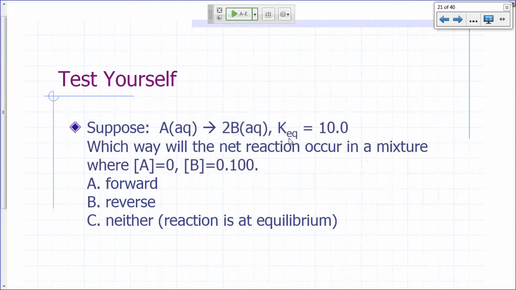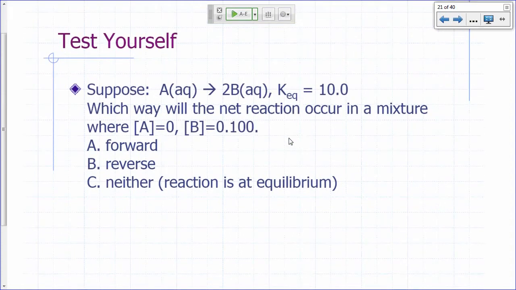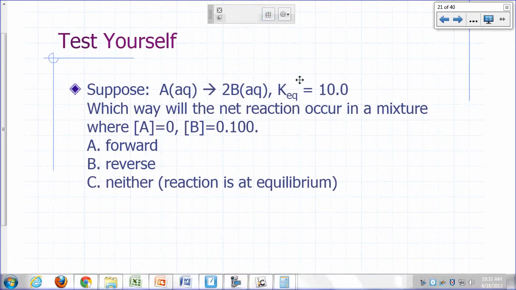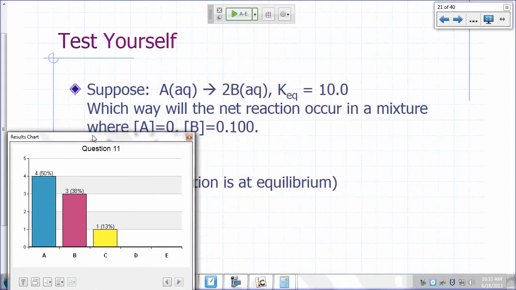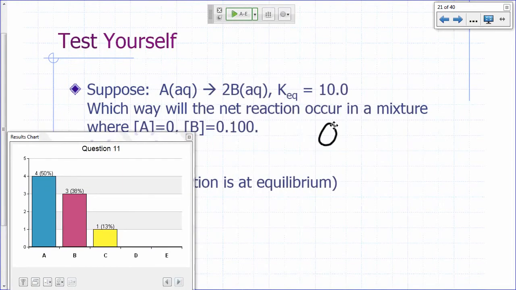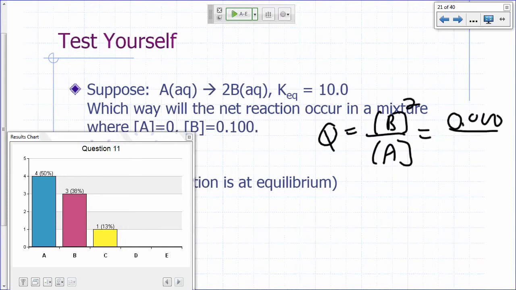Okay, let's look at this one. Which way will the net reaction occur in a mixture where A is 0 and B is 0.1? Is it going to go forward, reverse, or neither? Q would be equal to B over A, right? So it's B squared over A. So it's 0.100 over 0.